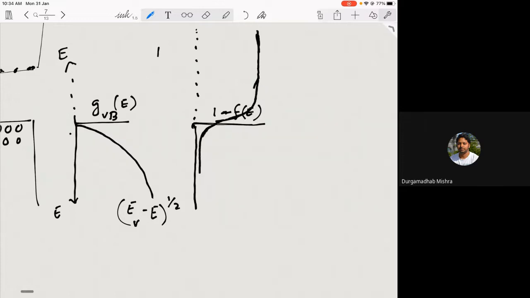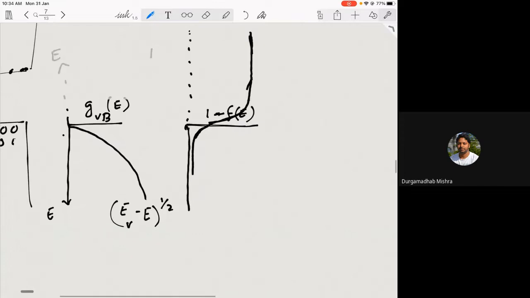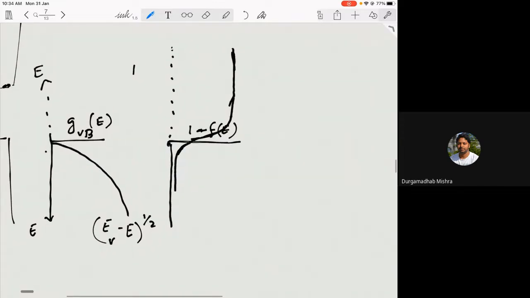Then I plot not n, but p(E), because I want to calculate the number of holes. It will look like this.